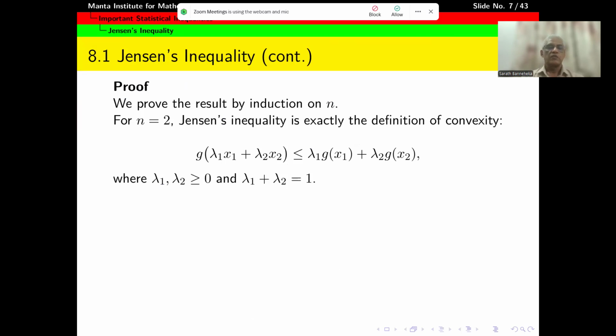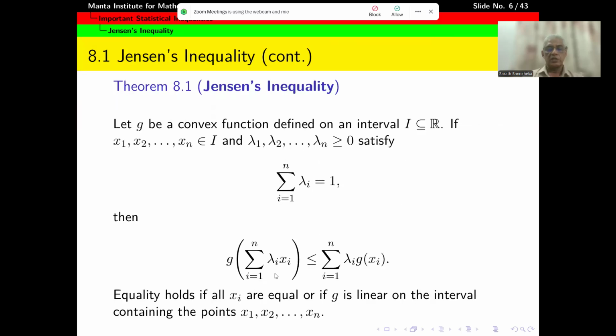For n equal to 2, Jensen's inequality will be just saying that G evaluated at lambda 1 x1 plus lambda 2 x2 is less than or equal to lambda 1 times g(x1) plus lambda 2 times g(x2), which is exactly the same as the original definition of a convex function when lambda 1 plus lambda 2 is equal to 1.